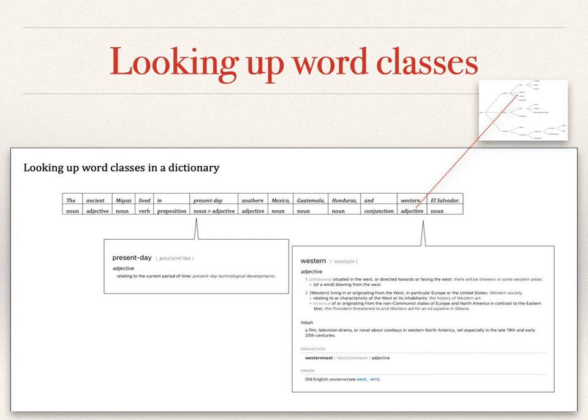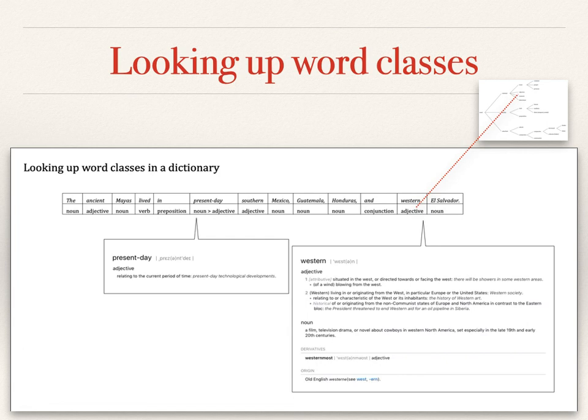There's another sense, living in or originating from the West, but that matches the example we're analyzing less well. And then there is a noun: a film, television drama, or novel about cowboys in Western North America, set especially in the late 19th century and early 20th century. Well, that's an ultimately related but different sense of Western. And this Western is a noun rather than an adjective.